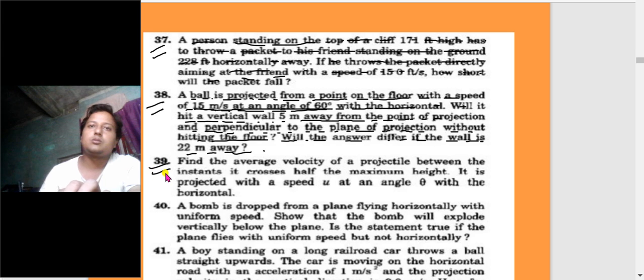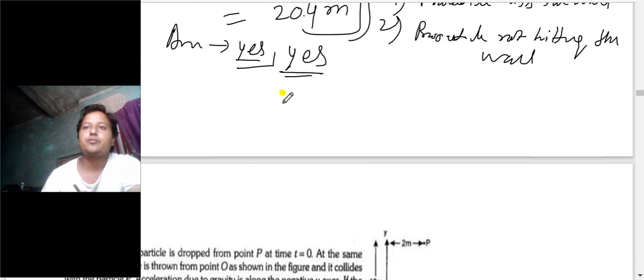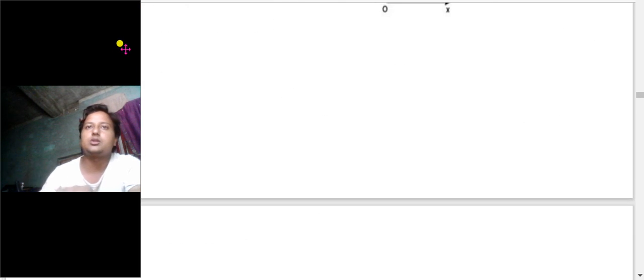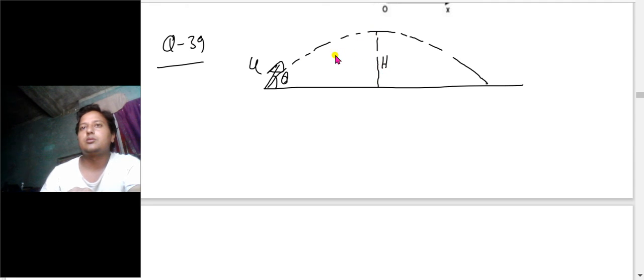Now in question number 39, find the average velocity of a projectile between the instant it crosses half the maximum height, if it is projected at an angle with the horizontal. In question number 39, if a body is projected with a speed u at an angle theta, this is the greatest height point.